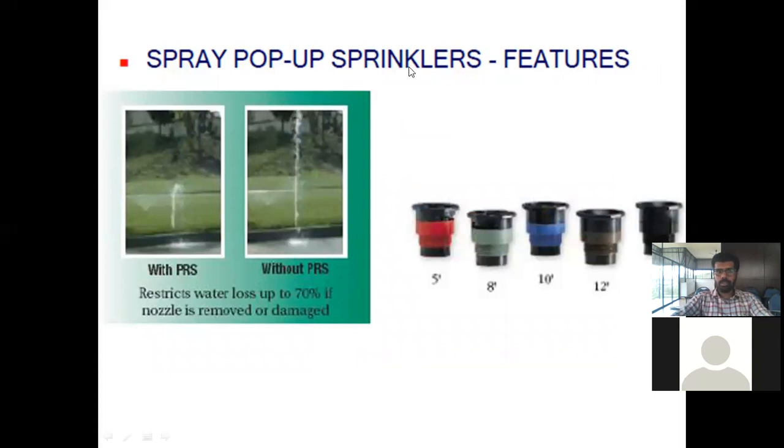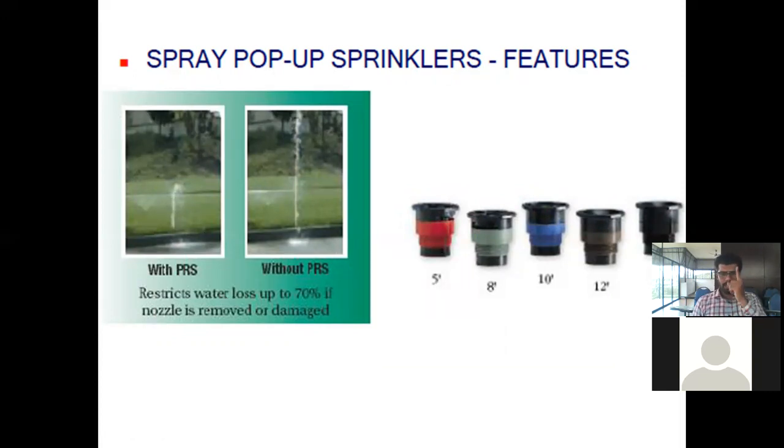So spray pop-up sprinklers, its features: there are different diameters, 5 inch, 8 inch, 10 inch, 12 inch, 15 inch, like that. And there is a system called PR system, a pressure reducing system in the stem.